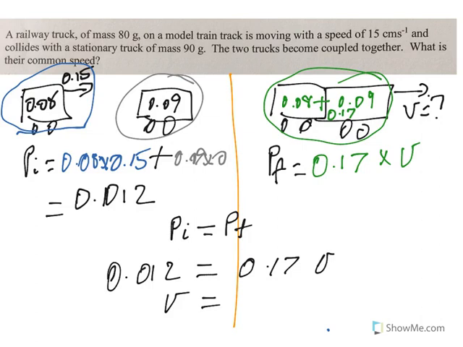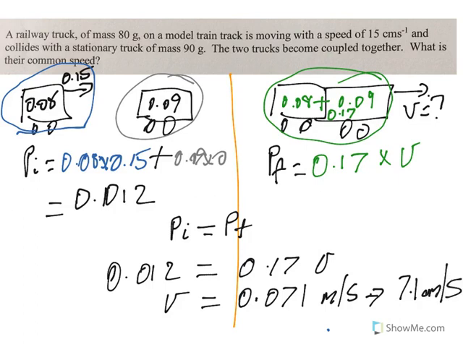So the velocity has got to be 0.012 divided by 0.17, which is 0.071, to 3 decimal places, metres per second. And if we translate that back to centimetres per second, which was what was in the question to begin with, it is now 7.1 centimetres per second.